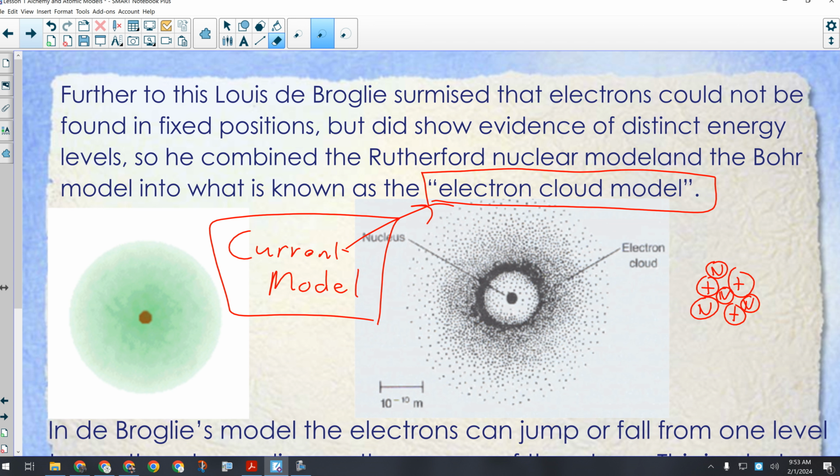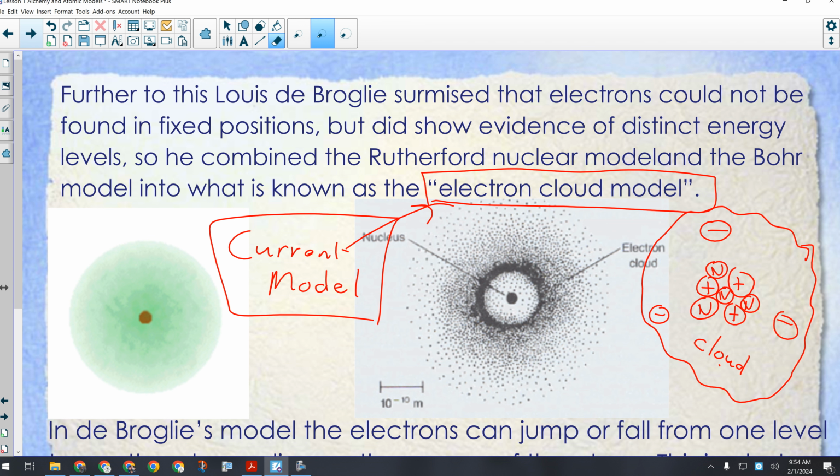So I've got the numbers right, and I've got protons and neutrons in the nucleus where they belong. And then there are 3 electrons in the cloud.